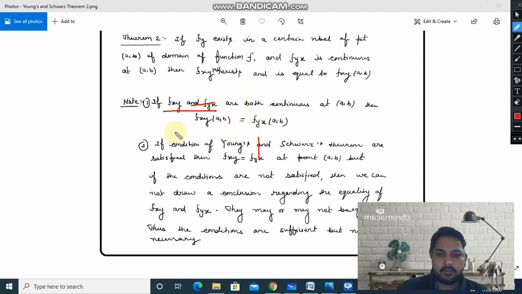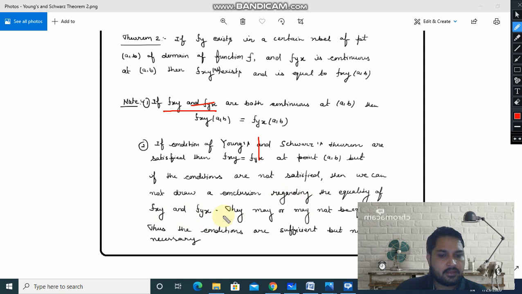The second important note is that if the conditions of Young's and Schwarz's theorems are satisfied, then fxy will be equal to fyx. But if the conditions are not satisfied, then we cannot draw a conclusion regarding the equality of fxy and fyx.